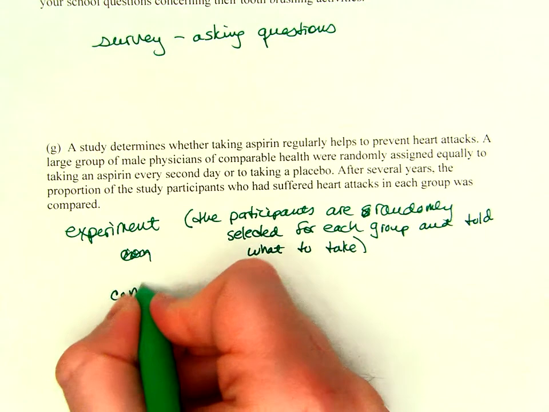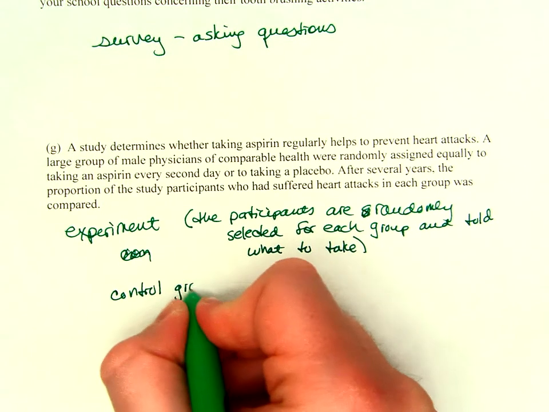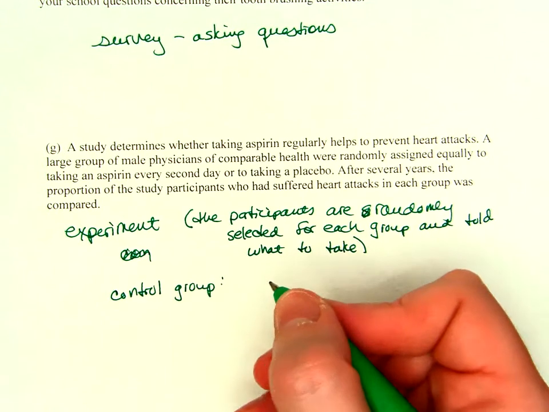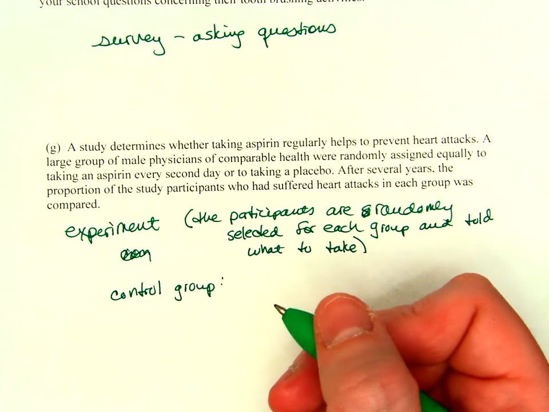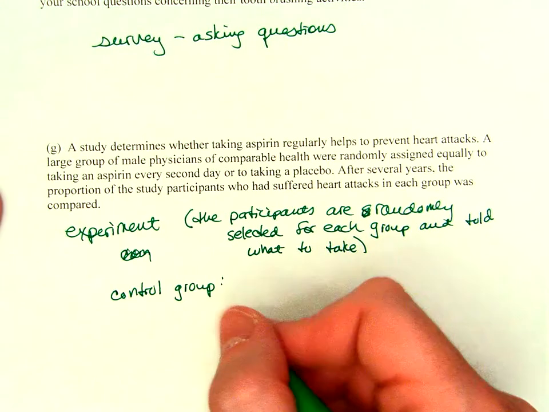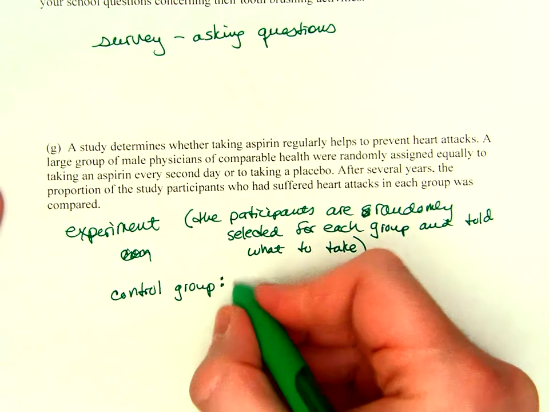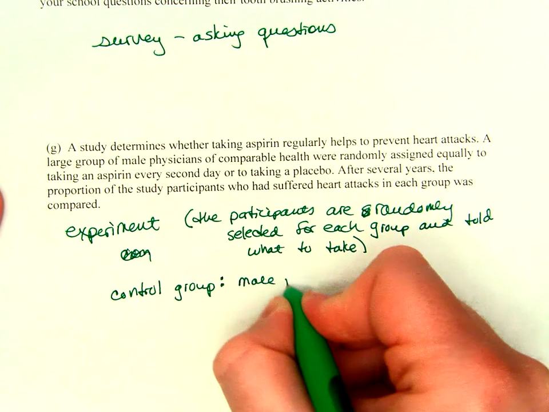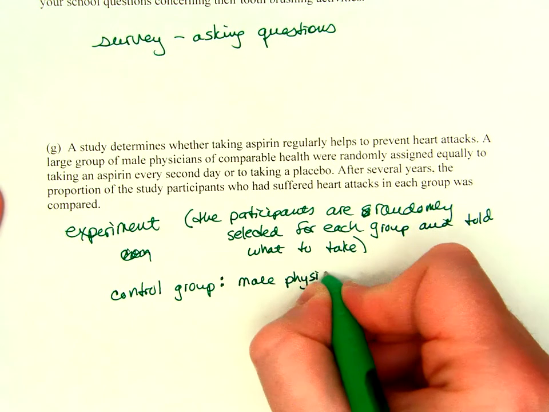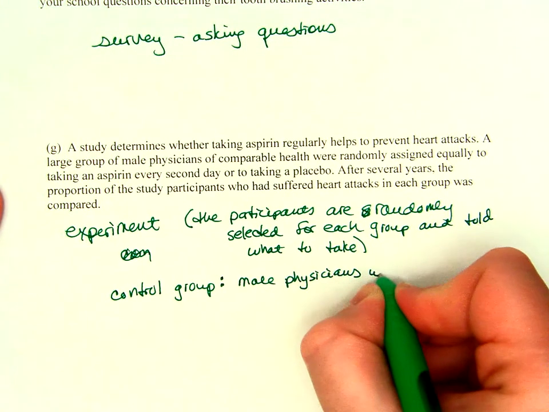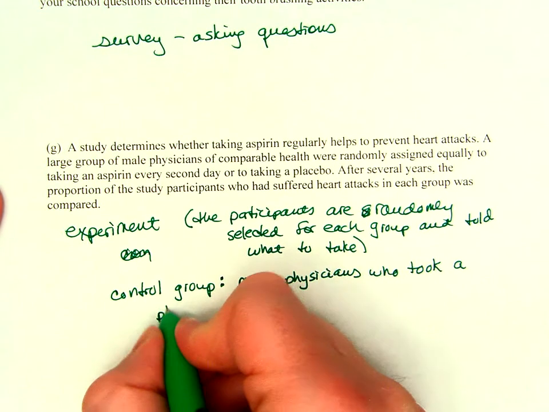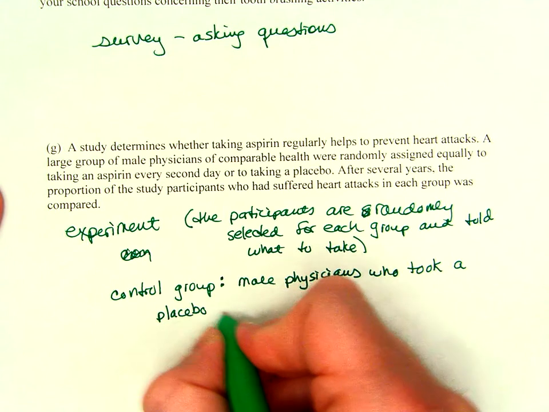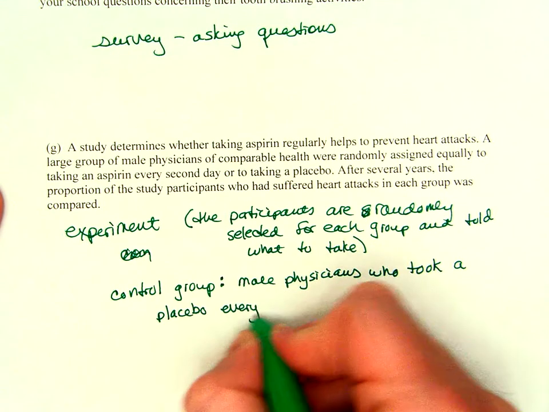In our control group, those are going to be the male physicians who took a placebo every other day, just the kind of normal, ordinary, no special treatment group. Those are the male physicians who took a placebo every other day.